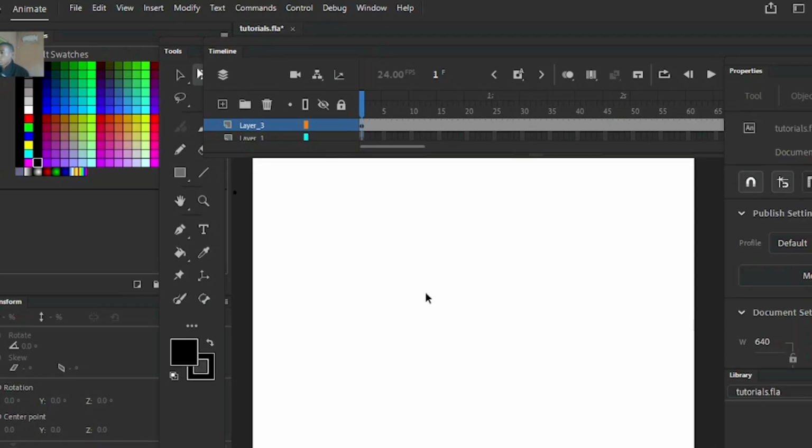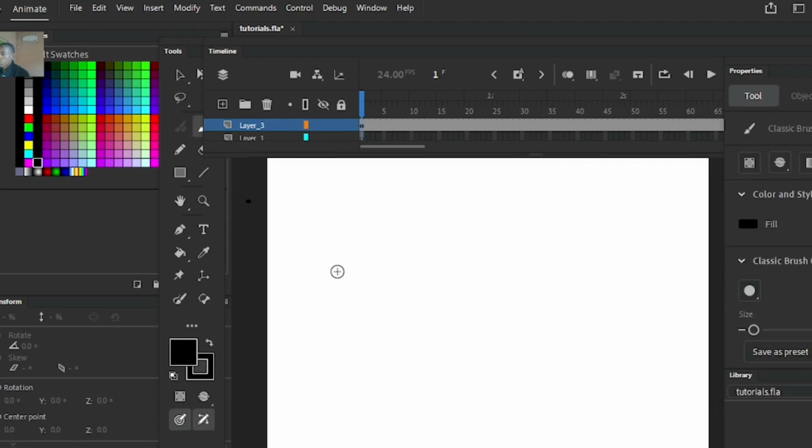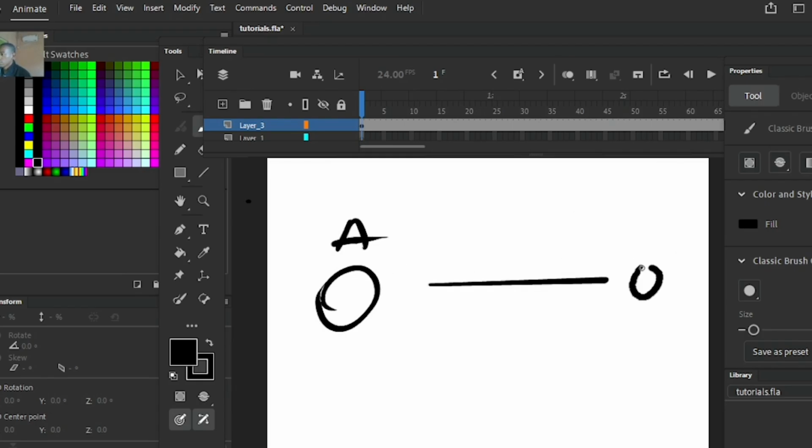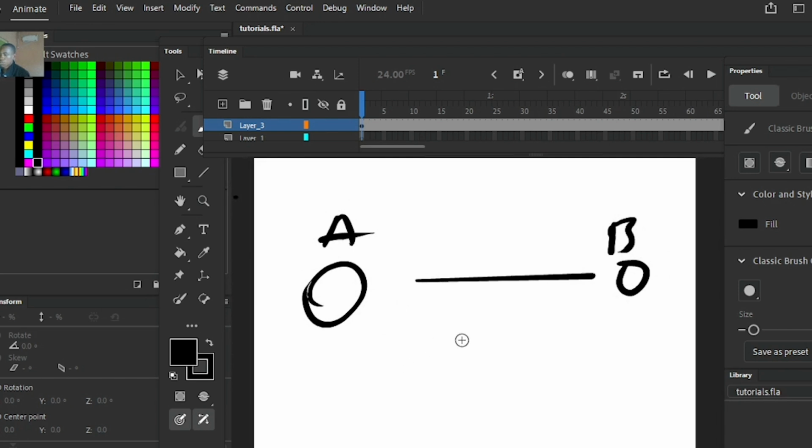On this particular frame by frame animation, let's say motion animation has to do with moving objects from point A to point B. That's what it actually means.